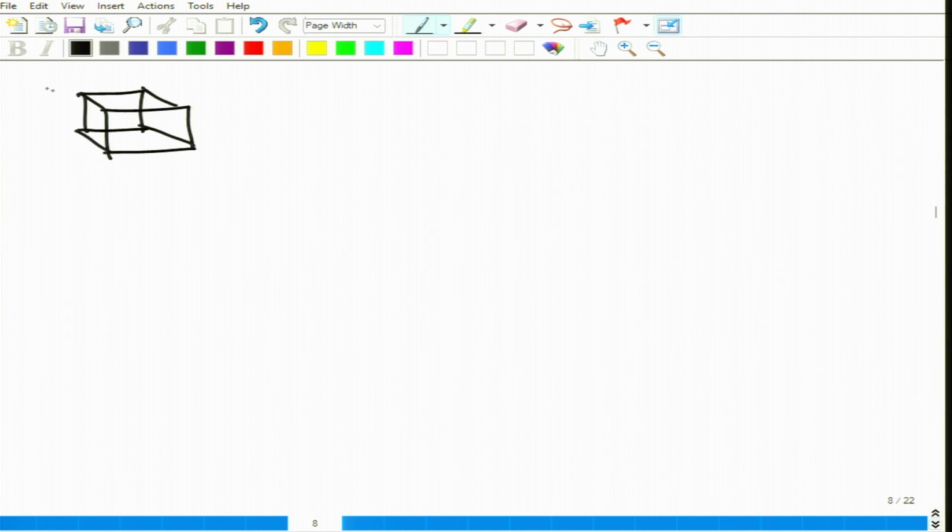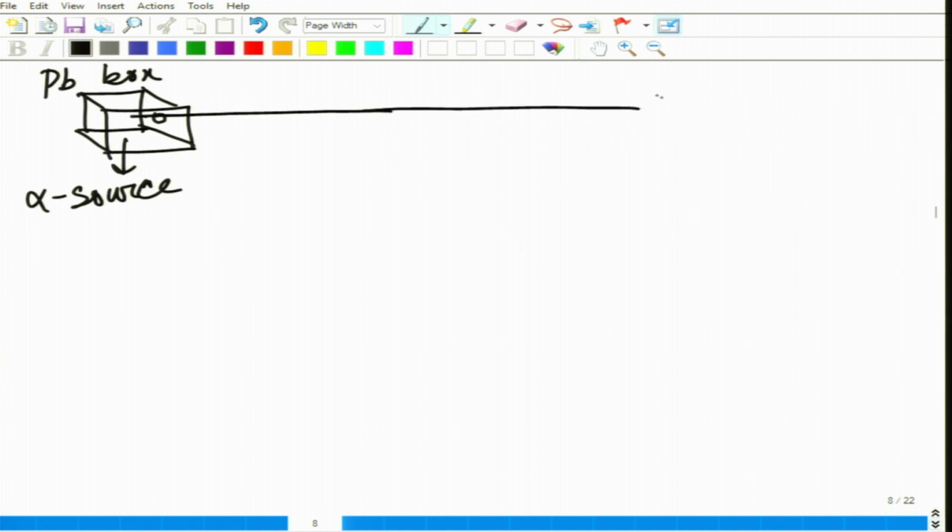There was a lead box and there was some hole in it, and some radioactive particles were put in the box, that is, the alpha particle source was present inside the box and it emitted alpha rays which passed through the hole, and there was this gold foil.